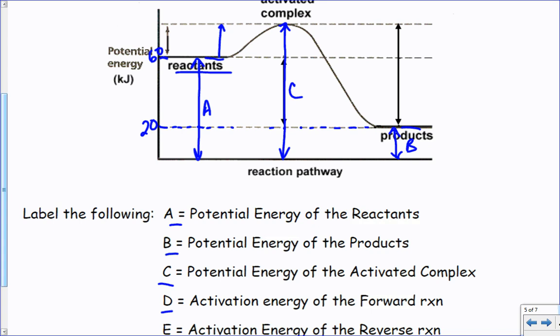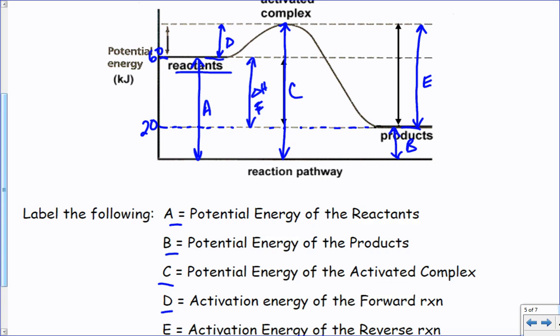That's here. E, activation energy in the reverse direction. That's this big one, starting on the right and going left. And then of course F, and I'm not going to scroll, is the delta H, which is in between the products and the reactants. Delta H, or in this case, F. Okay?